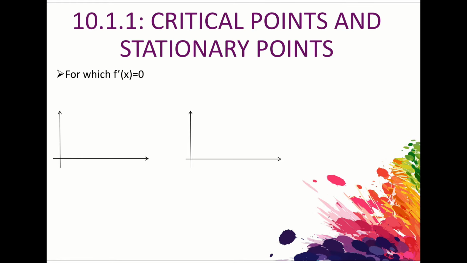Now let's have a look at graph examples for which the first derivative of f(x) is equal to 0. The first graph that we have here is a quadratic graph. What we can see here is the orange line goes through the stationary point of the graph, and c here represents the critical number for the graph.